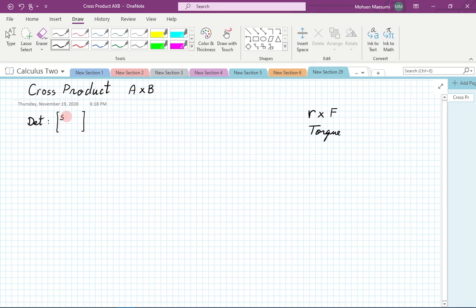So this is a square matrix, and it produces a single number. So for example, the determinant of a single number is just that number, no complication here.